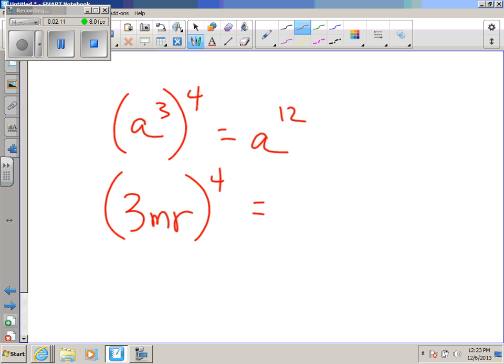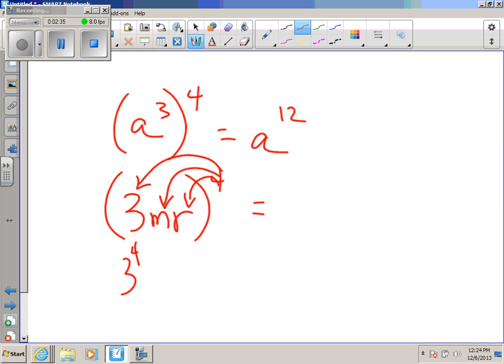Three m r to the fourth. So how does this break down? Everything in there is going to get taken to the fourth power.